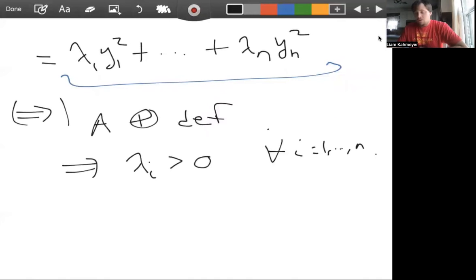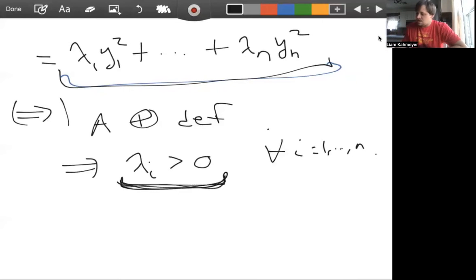Now, what else do we know? What we're trying to do is prove that this sum up here is greater than 0. To do that, we need to show that each term is greater than or equal to 0, and that they're not all 0. So we know that lambda i is greater than or equal to 0.